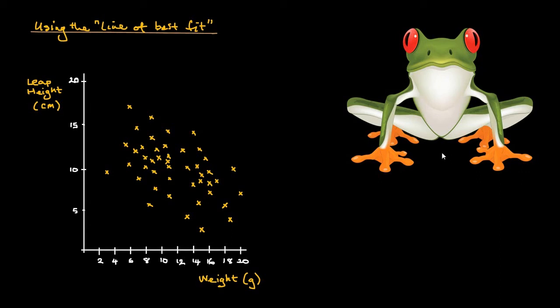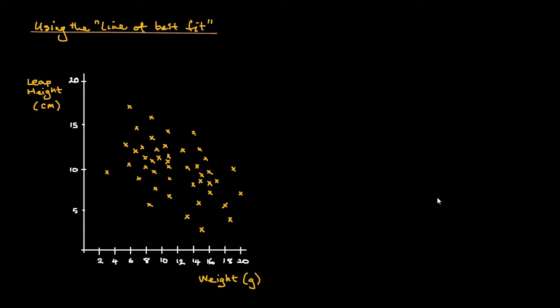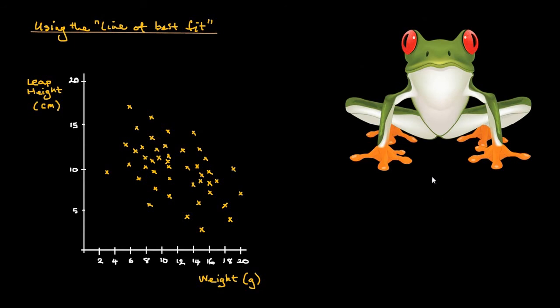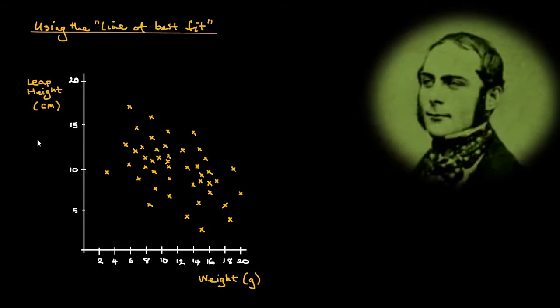So if you sort of encourage them, they will leap up and down, and you can measure the height that they leap. Okay, so on the scatter plot here, we've got leap height on the y-axis, and we've got the weight of the frogs on the x or horizontal axis. And all the data now is scattered because this is ungrouped data.